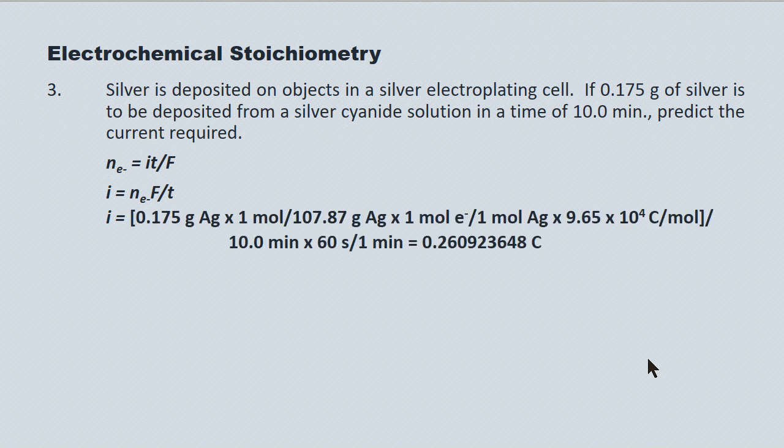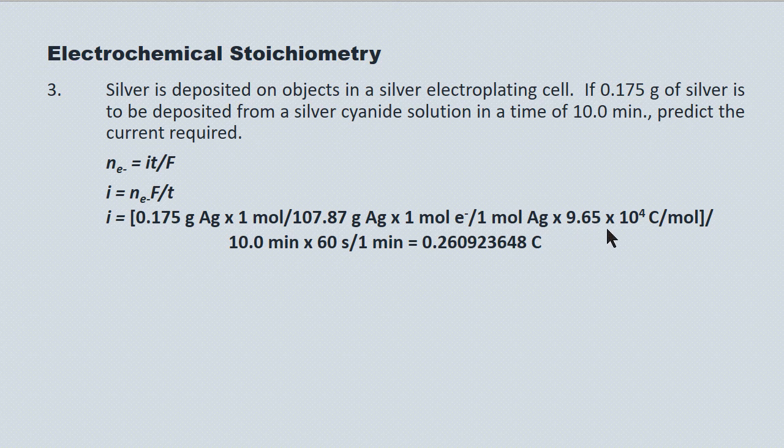We don't have moles of electrons, but we can derive moles of electrons from the mass of the silver. We know we want to lay down 0.175 grams of silver, and we convert that into moles of silver: 1 mole of silver over the molar mass, which is 107.87 grams. And we want to convert that into moles of electrons. We know that silver forms a 1+ ion, so the stoichiometric ratio between the silver and the electrons is 1 to 1.